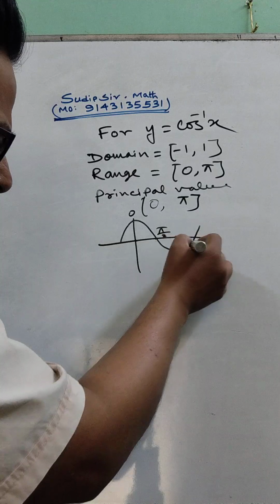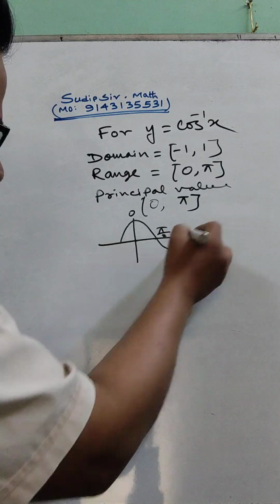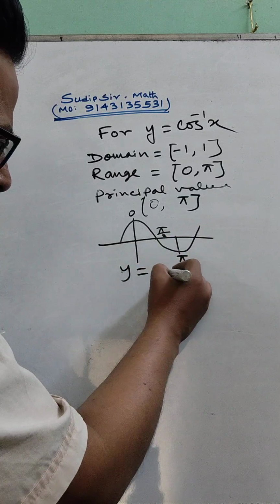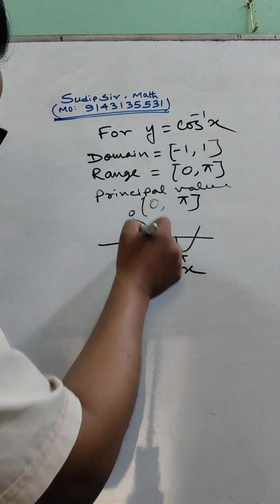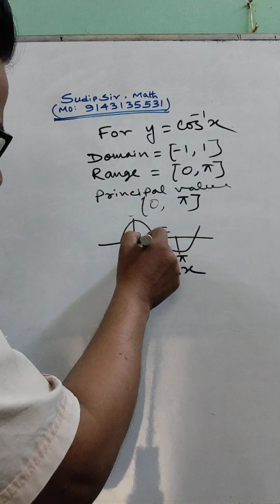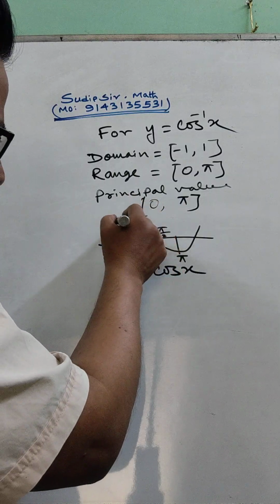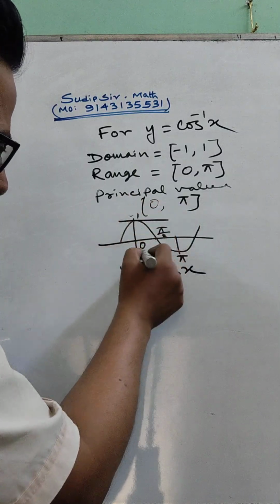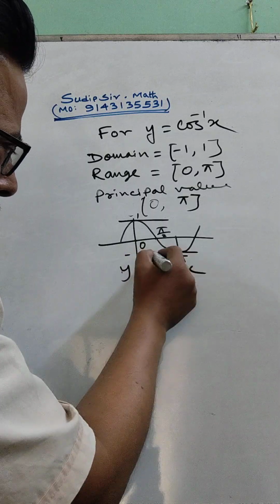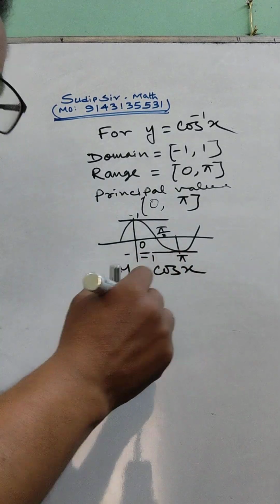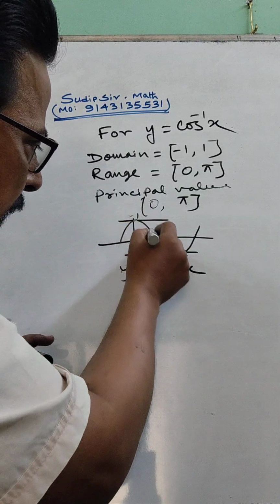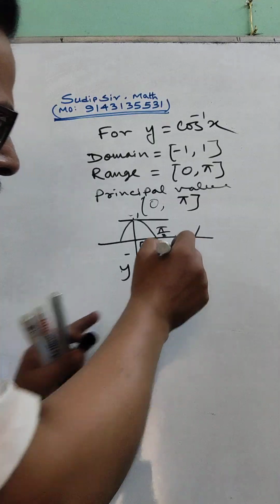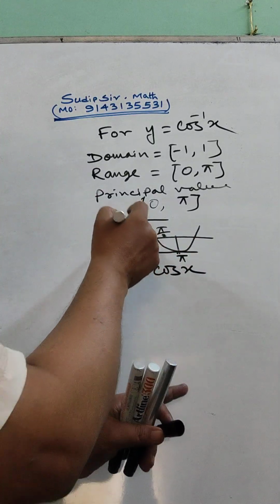So for this part, this is y equal to cos x. Now this is at 0, that will be 1. This part is 1, this part is minus 1. So cos 0 is 1 and cos pi is minus 1.